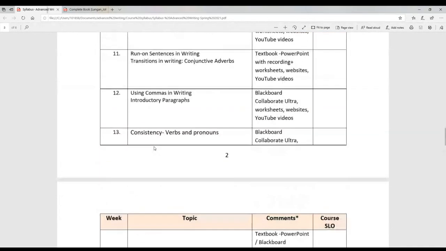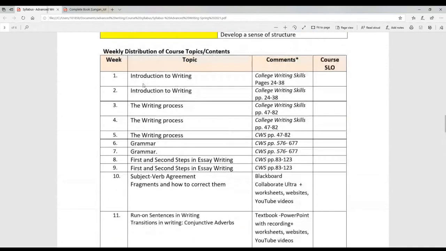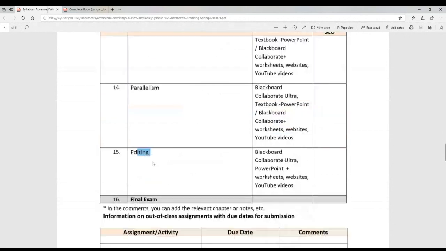These are the topics that we are going, inshallah, to cover, starting from the topic sentence, ending with editing your work.